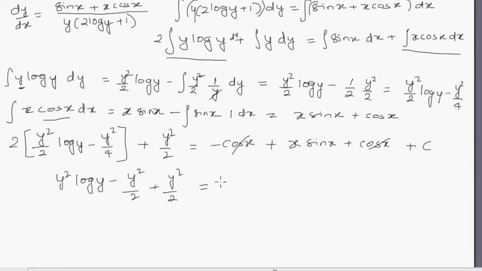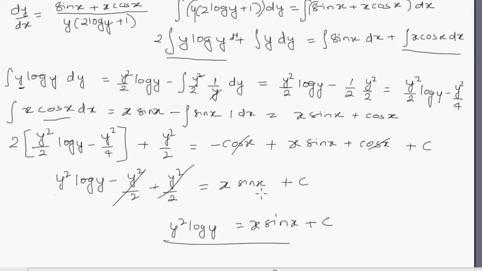All that's left is x sine x plus c, and here also these cancel out. So finally what you have is y squared log y equals x sine x plus c. So that's your final answer.